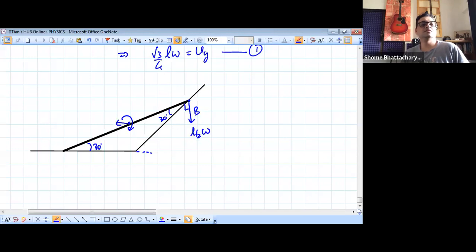And because of the translation, it is having a component of velocity like this, and one more component of velocity, Vy and Vx like this. Just make this a little bit congested.